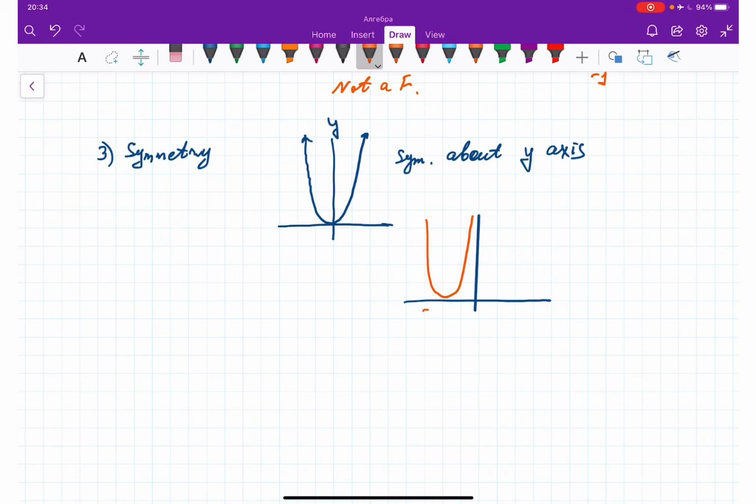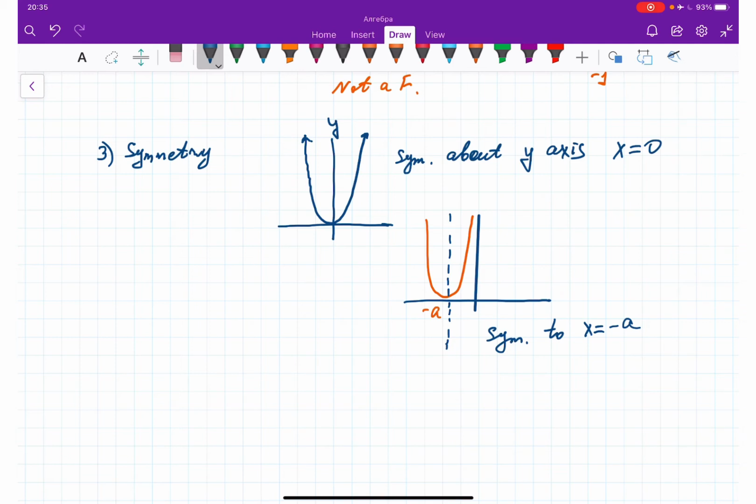If I moved by -a, then it's going to be symmetric to x equal -a. Right? Here it is symmetric to the y-axis, which represents x equal 0, because the graph of x equal 0 is the y-axis.